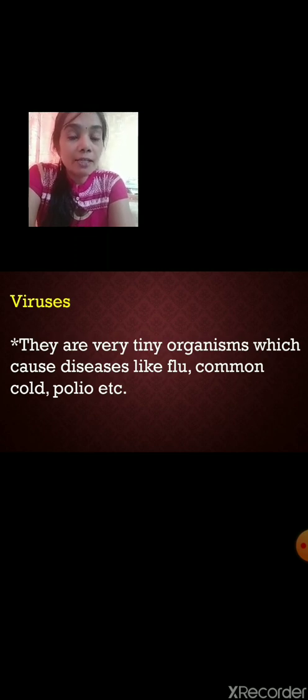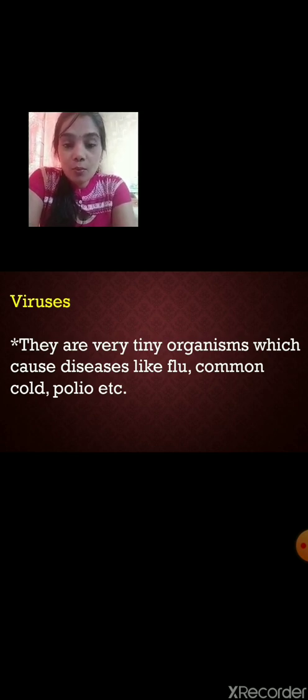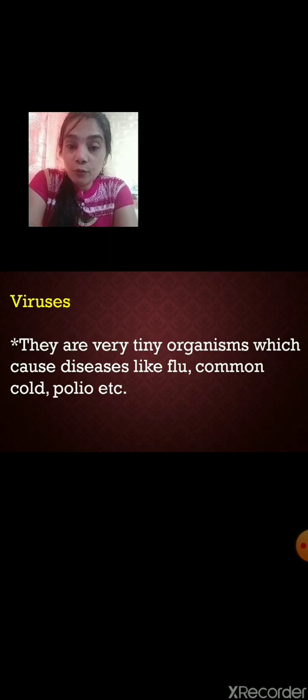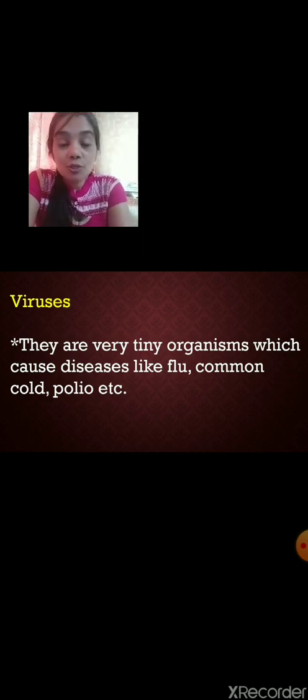Because of the virus which is found in the air. This virus causes flu, common cold, polio, mumps, etc. So, children, that is why we are staying home. This is a very tiny organism.